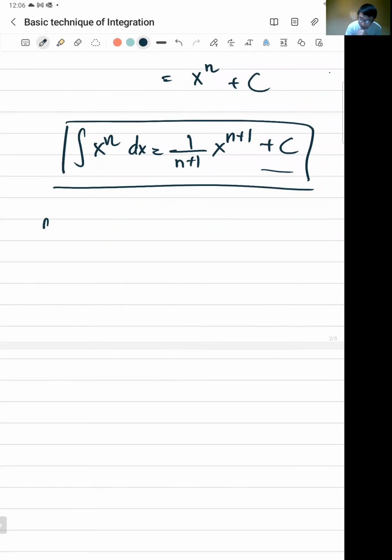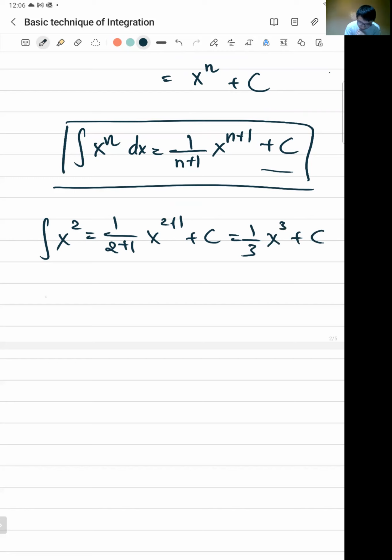So if I ask you to integrate x to the power 2, you use this formula, and then I get 1 over 2 plus 1 times x to the power 2 plus 1, plus c, that'll be 1 over 3 times x to the power 3 plus c. Same thing if I ask you to integrate x to the power 7 dx.